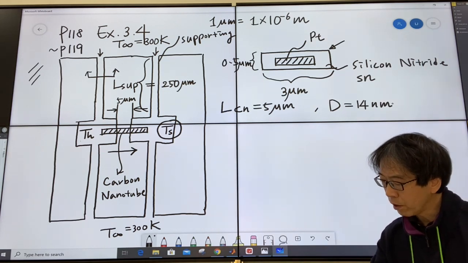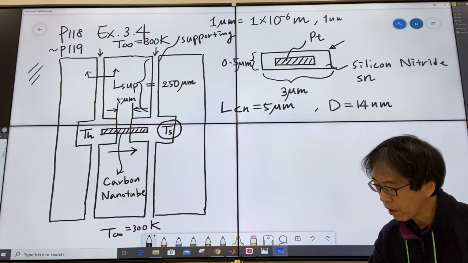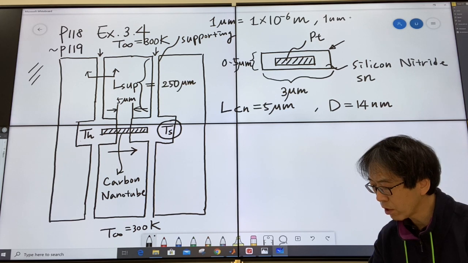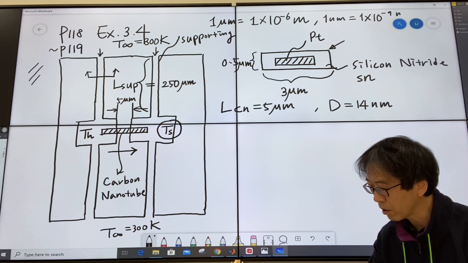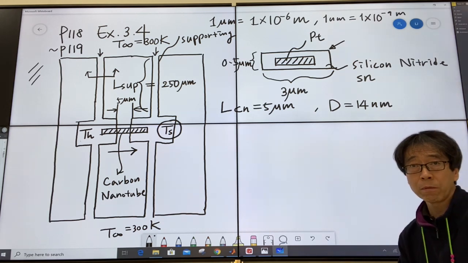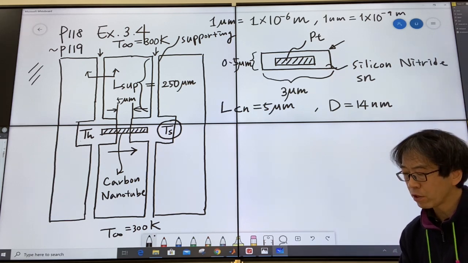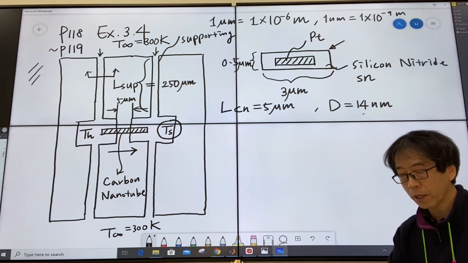What is 1 nanometer? 1 nanometer is 1,000th of a micron. So it's 1,000 times smaller than a micron. So it's 1 times 10 to the minus 9 meters. 1 billionth of a meter. Okay? So it's really small. It's only 14 nanometers. Okay?